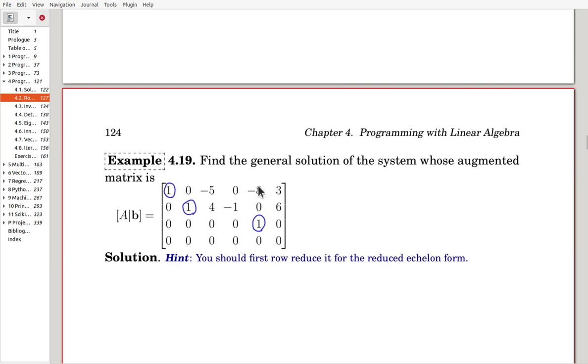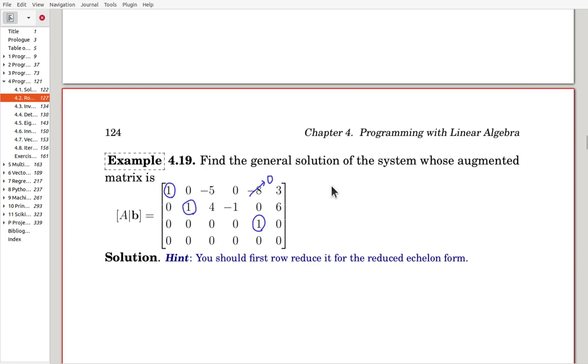Once this entry is eliminated, it will become echelon form. It's simple: just add 8 times a row, and that entry will be eliminated. Nothing else is changed, so it becomes the reduced echelon form.